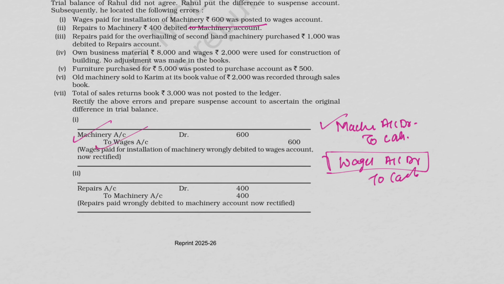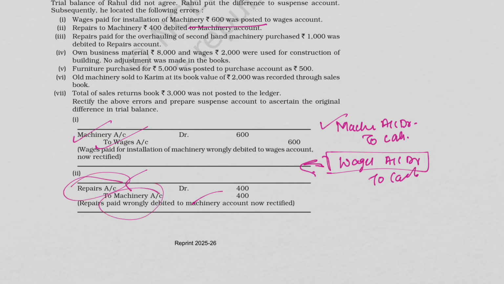So we'll credit this. Second, we have repairs to machinery 400 debited to machinery account. Similarly, like this account, repairs paid to machinery was debited to machinery account. So it was not to be debited to machinery account. So there's a wrong debit in machinery account. So we'll credit it, and repairs account should have been debited. So we'll debit this.